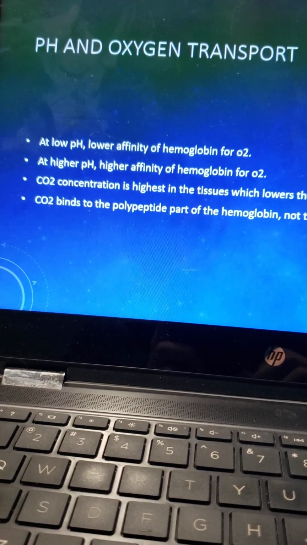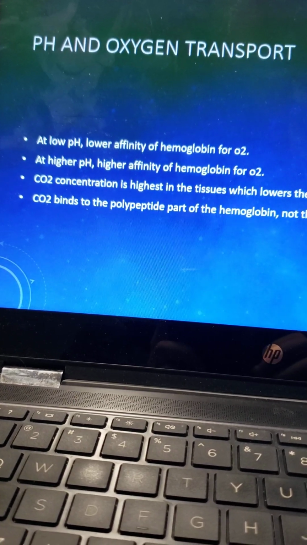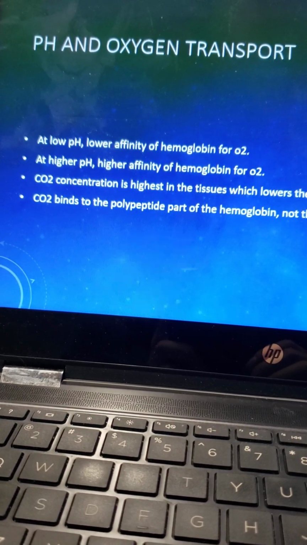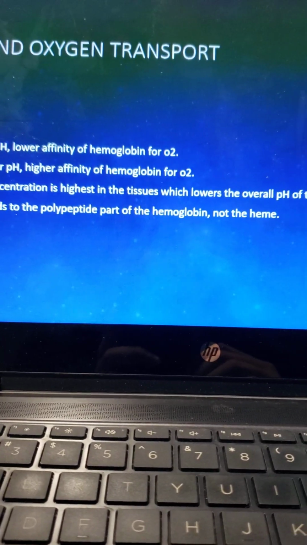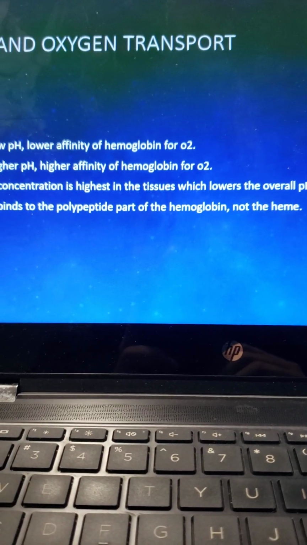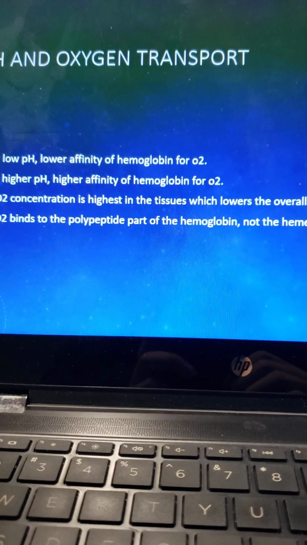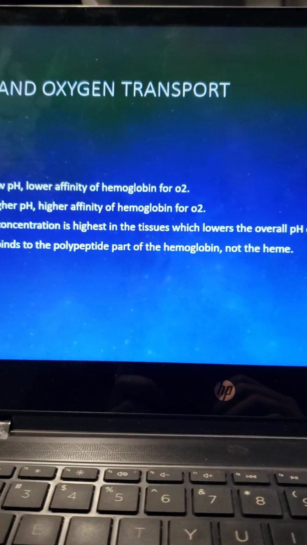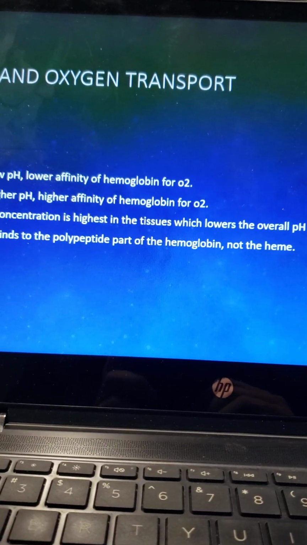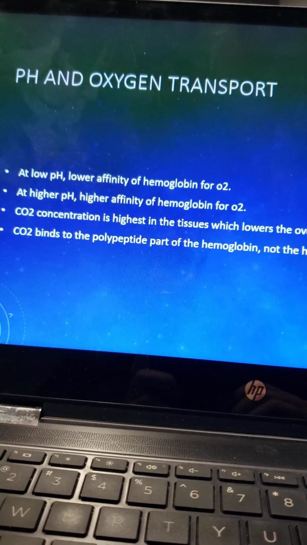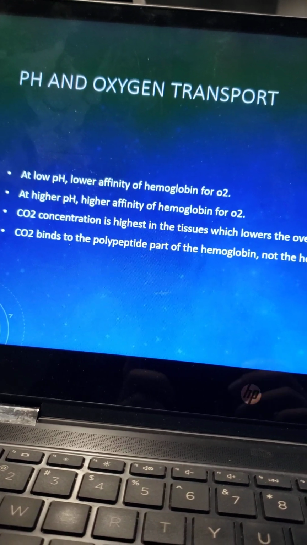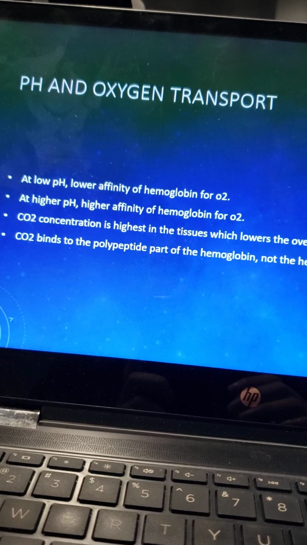We know that from looking at the CO2 concentration of the body: CO2 is highest in the tissues because they're using energy and producing CO2 as a waste product. That CO2, as a result, also lowers the overall pH of the environment, and because the overall pH is lowered, the affinity of hemoglobin for oxygen is lowered.